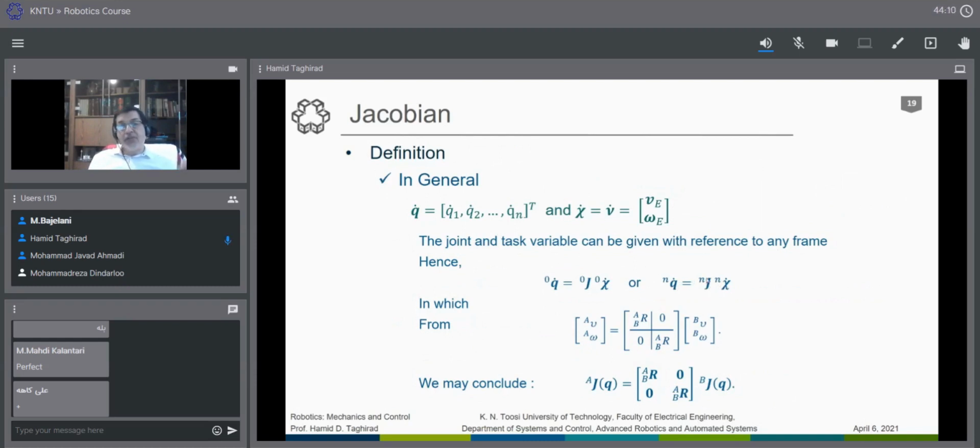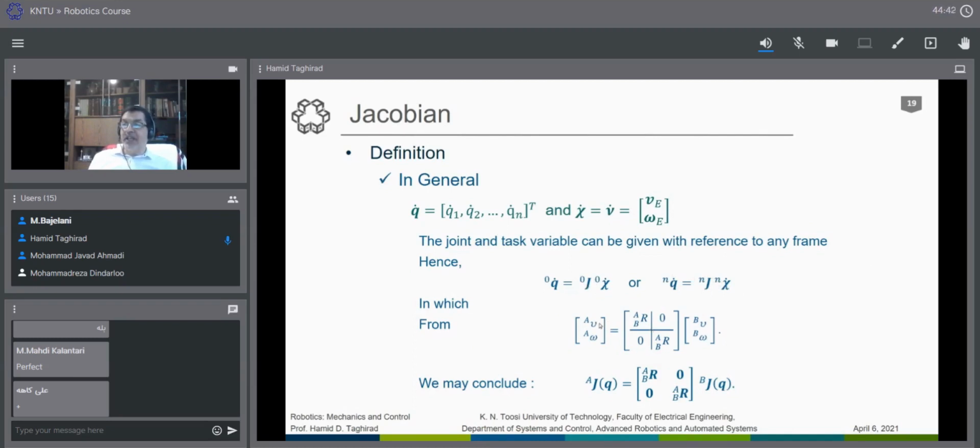We use the left upper superscript representation to give the definition of the frame representation here. But how could this be transformed from the 0 frame to the N frame? Very simply by using the rotation matrices.